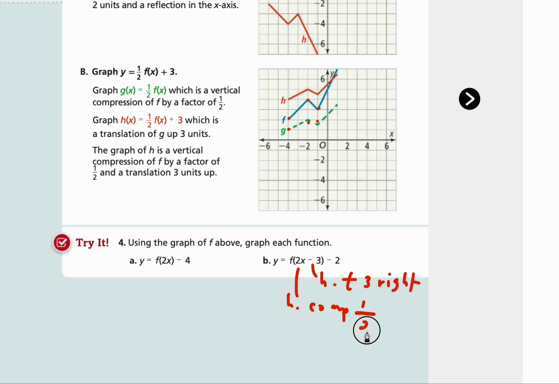Remember, your horizontal movements are opposites. And then your vertical translation of 2 units downwards. So we're going to graph all that, and if you graph all that, your final function should end up here. 1, 2, 3, and 2, comma 5.